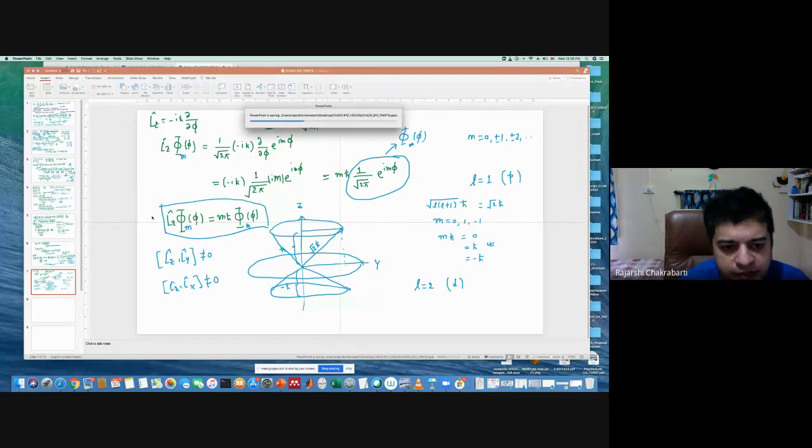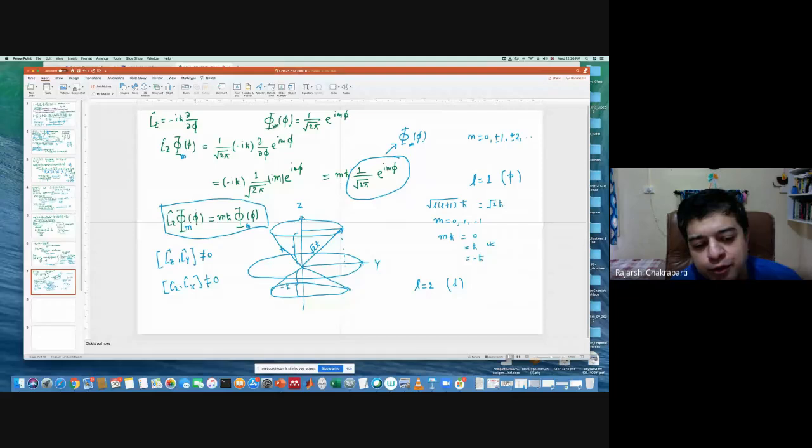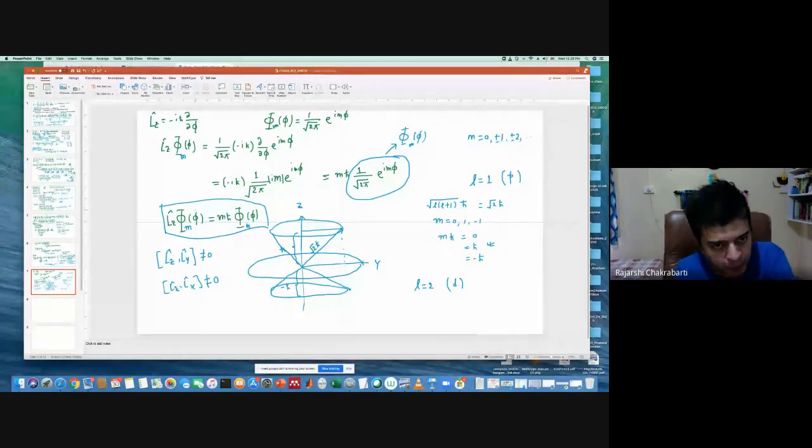And the common eigenfunction of H and Lz is this phi part. So at the same time, I know the value of L square and the value of Lz, but I do not know the values of Lx, Ly and Lz at the same time because they don't commute with each other. That is the physical significance of two operators commuting or not commuting.